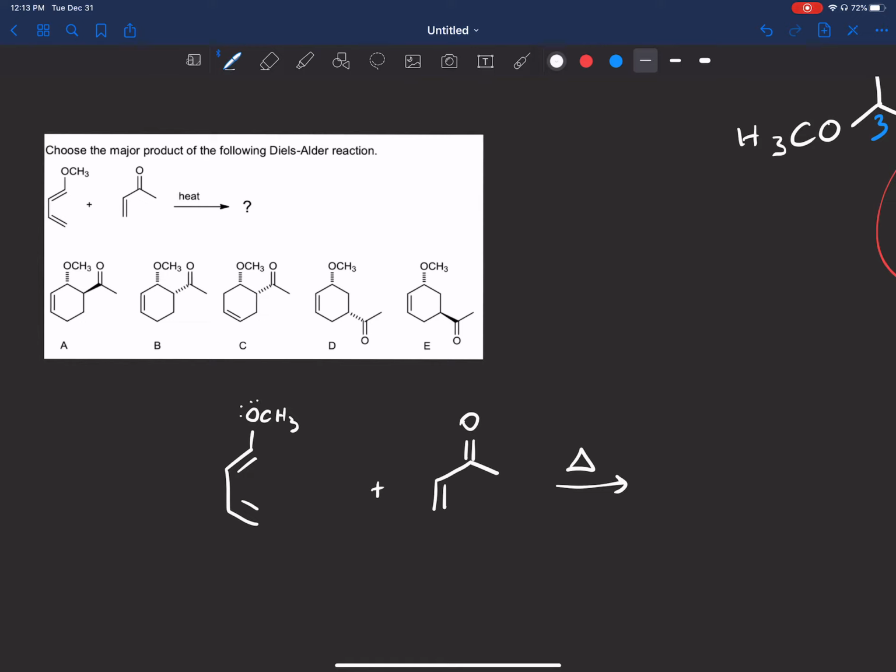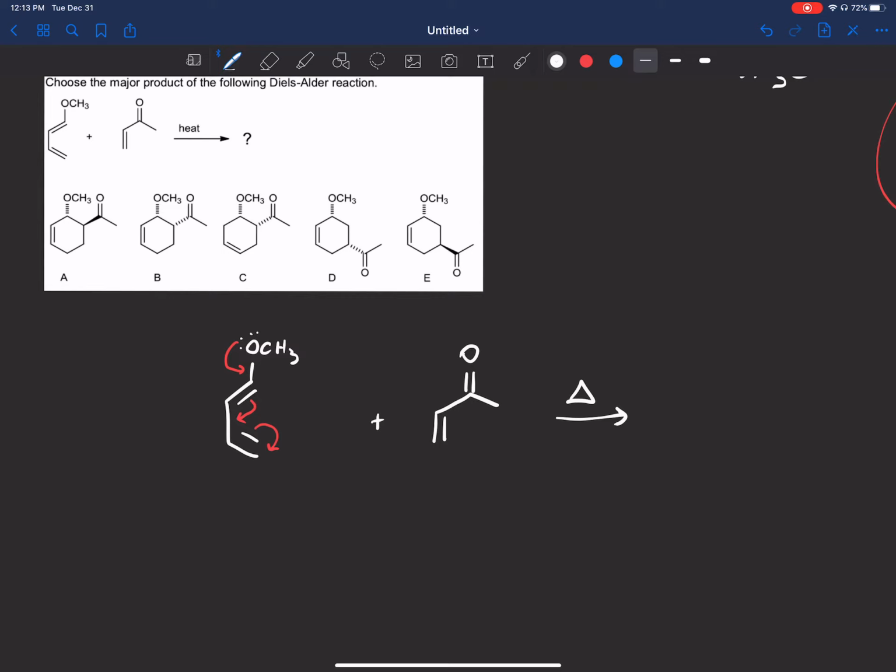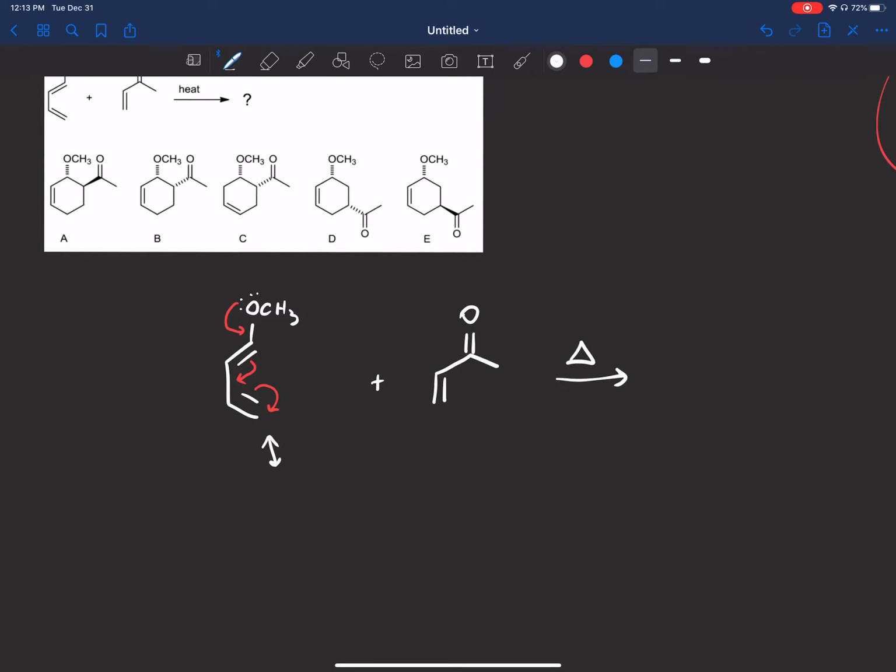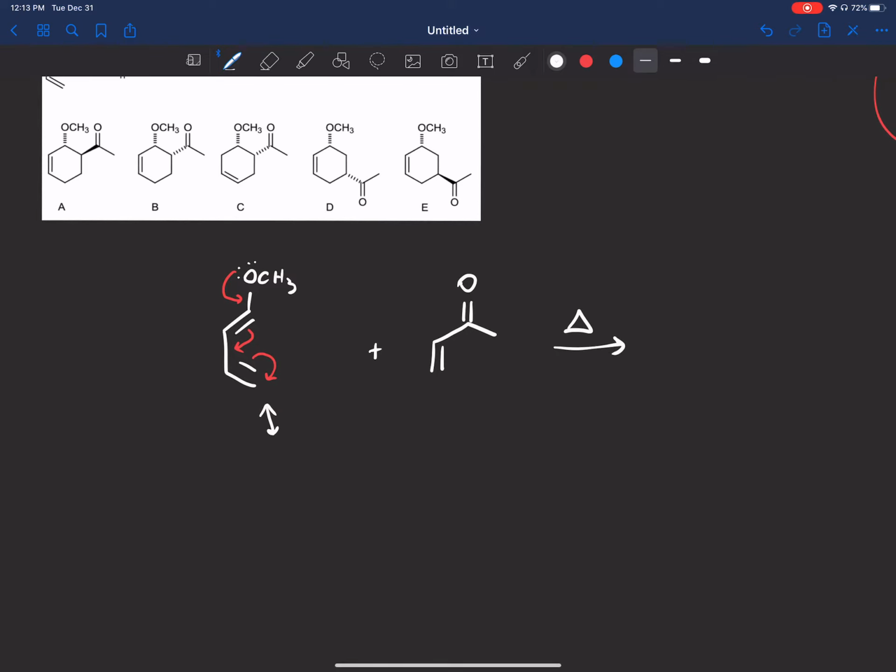Remember, this oxygen has 2 lone pairs. I can bring one of these down, forcing this double bond over here, and this double bond goes onto that carbon in the form of a lone pair. Now we're going to get this resonance structure. You still have that one lone pair. The double bond is here, and we put a negative charge on that carbon.